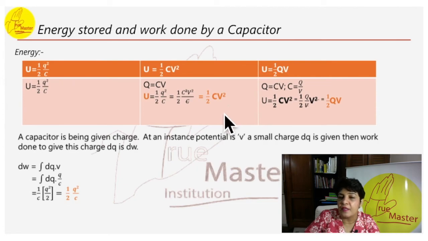Now deriving the third energy formula. From this we are going to derive half QV, which is again a formula for energy. We know energy equals half CV square, which comes from here.